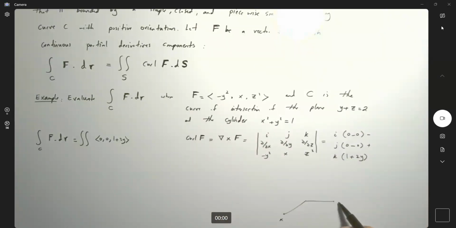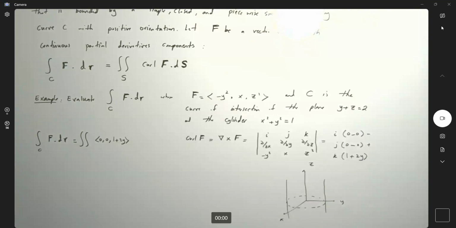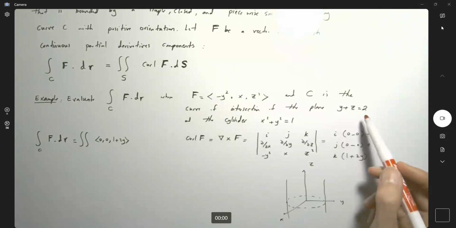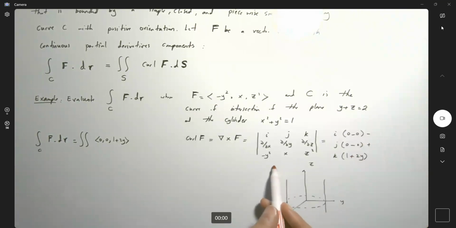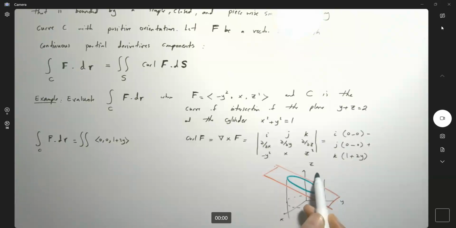So if you have your x, your y, and your z, and you have a cylinder, and you have a cross section between the cylinder and this plane, y plus z equals 2. Suppose it's just cutting this cylinder this way. Then there is an intersection between them, which is your curve C. Your curve C is just down here, for example. This is your C. Perfect. So this is what you're looking at, the intersection here.